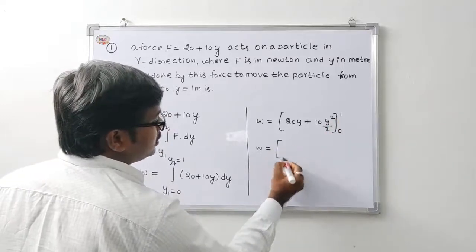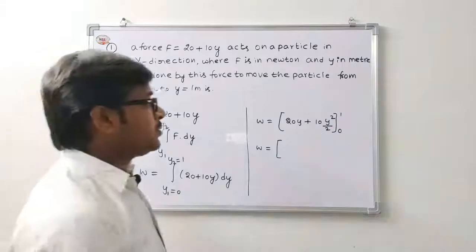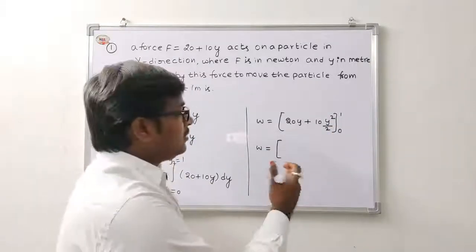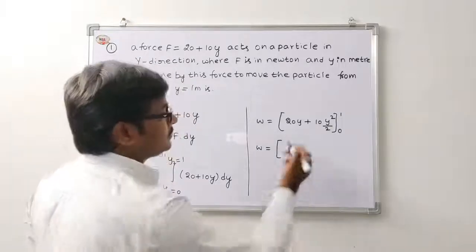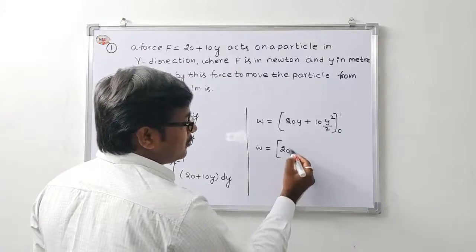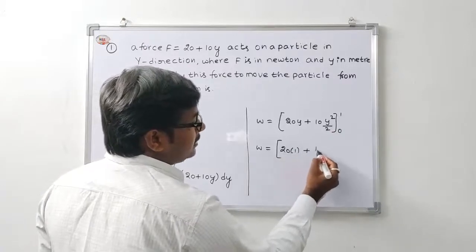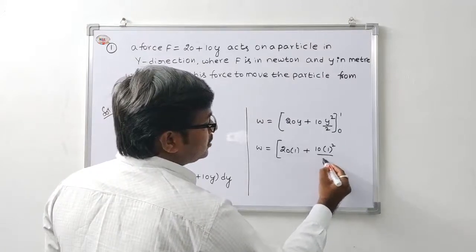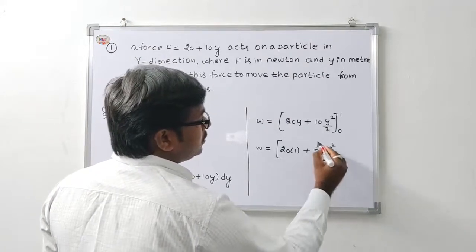Work done is equal to the upper limit value minus the lower limit value. First, the upper limit value: 20 into 1 plus 10 into 1 square by 2, that is 2 ones are 2, 2 fives are 5.